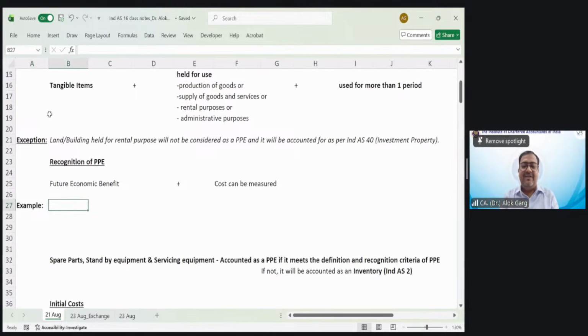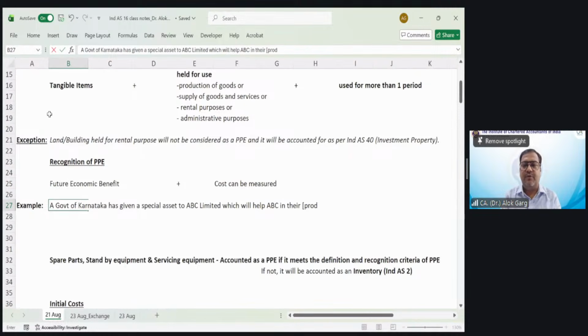Okay. A government of Karnataka has given a special asset to ABC Limited, which will help ABC in their production for next 10 years.